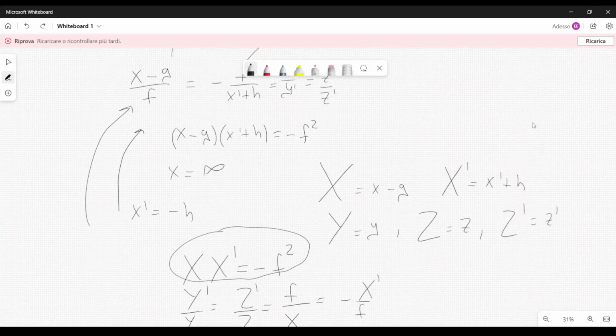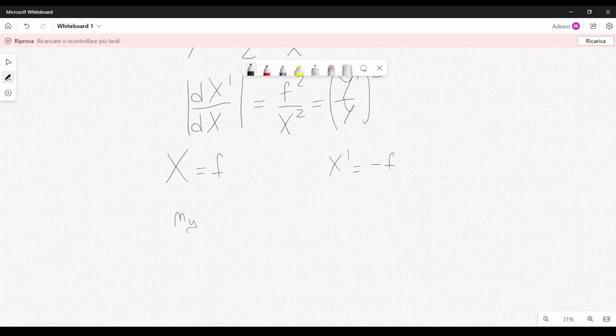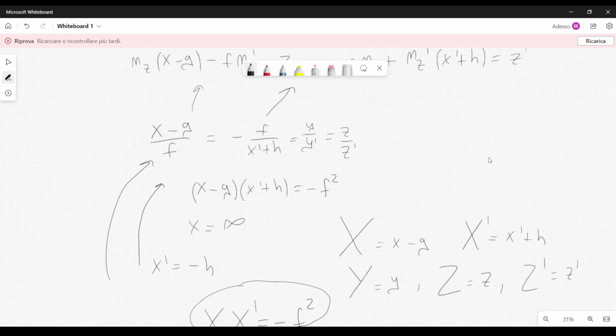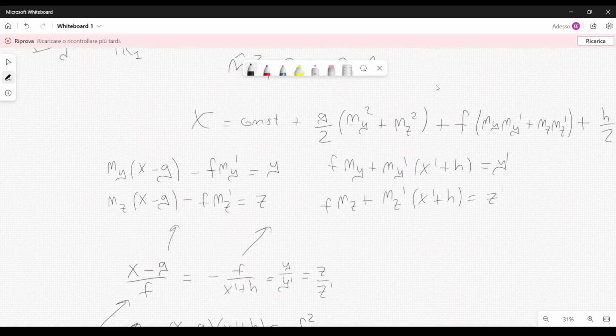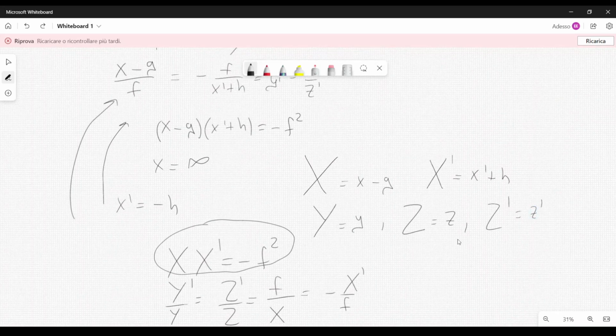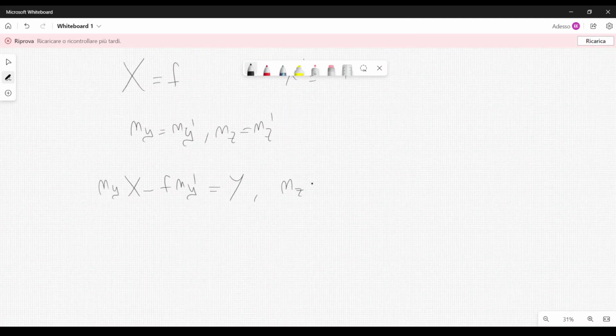We can see that in this case we have the equations ny equal to ny prime and nz equal to nz prime, because we can rewrite in this case ny times capital X minus f ny prime equal to capital Y. So this is one of those pairs of equations, in particular this one. And then we also have this one here, which we can rewrite in a similar fashion. So let me rewrite it below. We have nz times capital X minus f nz prime equal to capital Z.